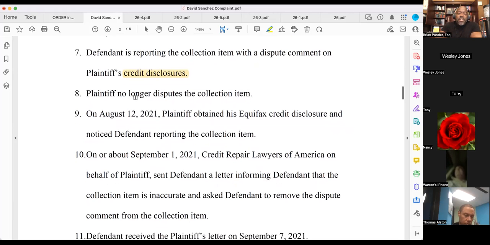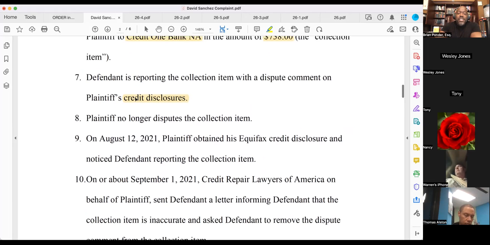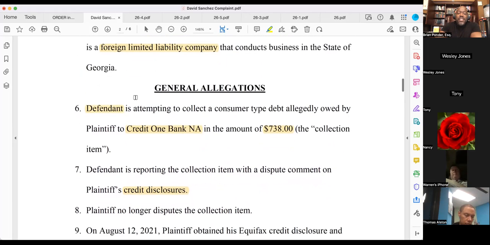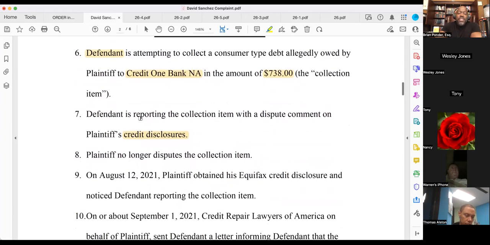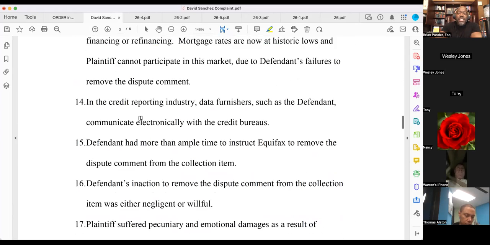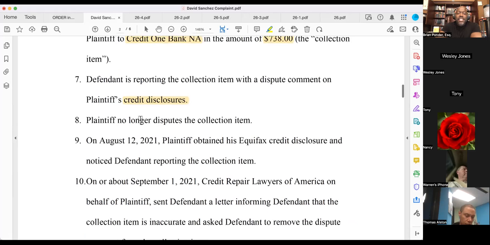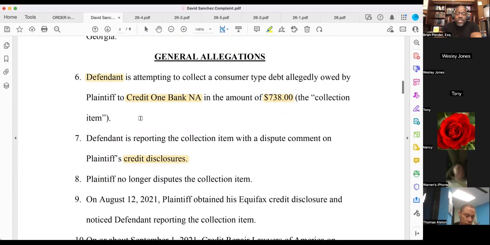Number 8 would be better if it gave more. Now it might give more detail down here, but it would be nice to give details chronologically, because you see here in number 7, they say that the defendant is reporting the item with a dispute. But wouldn't it be nice to know why?